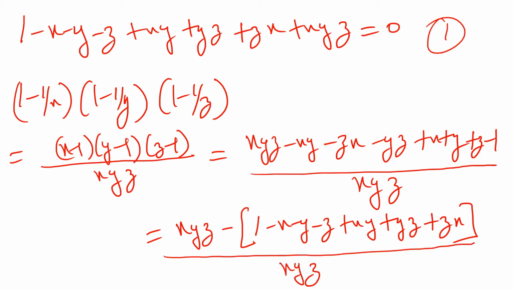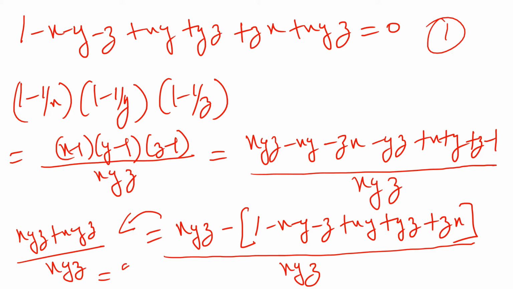Now as you can see from the equation number 1, the value of 1 minus x minus y minus z plus xy plus yz plus zx can be written as minus xyz. So that means now this expression becomes how much? It becomes xyz plus xyz divided upon xyz, and finally this is nothing but 2.